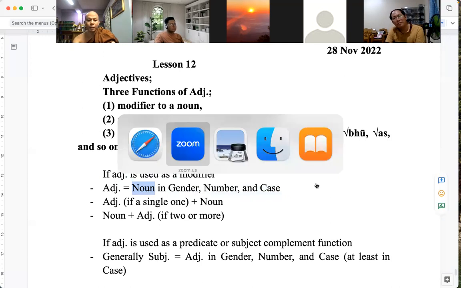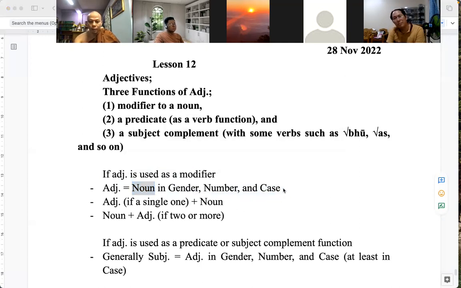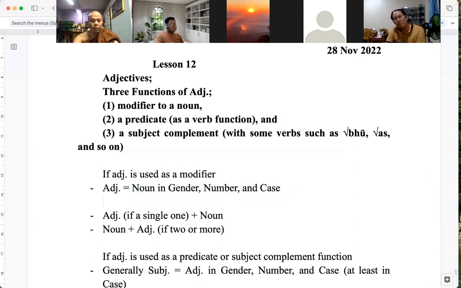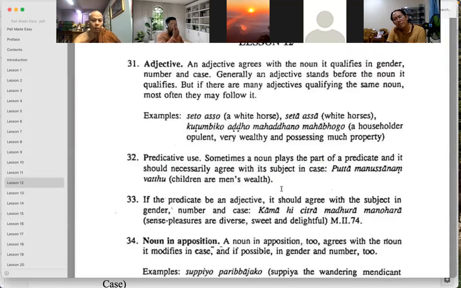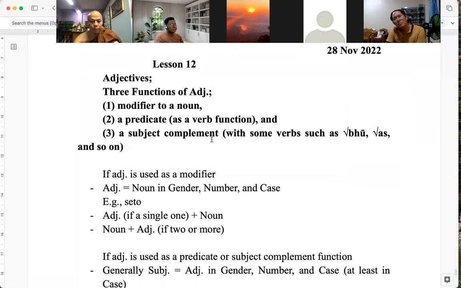Here in the example, an easy example in Pali: seto asso. Seto means the adjective white, and asso means a masculine noun, nominative case, singular.